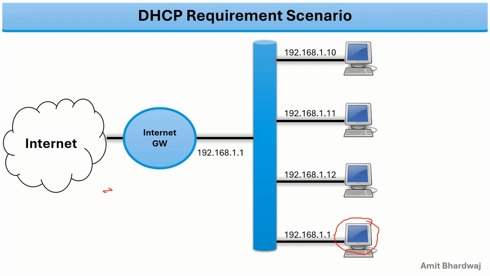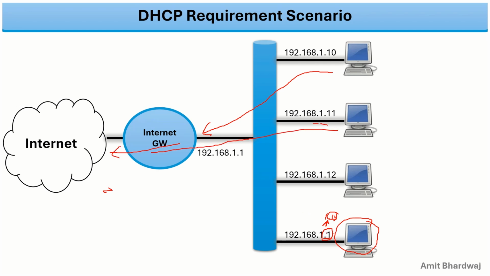Because of human error, instead of giving 192.168.1.13 as its IP, it is wrongfully given 1.1. Now the moment it is given 1.1 and it sends a broadcast into the network, what earlier was happening was that 1.10, which used to go towards its default gateway for the internet, used to go like this. Everybody used to go like this.